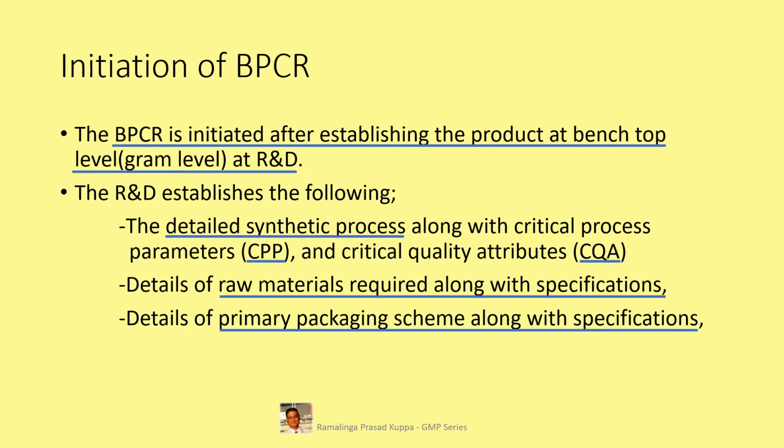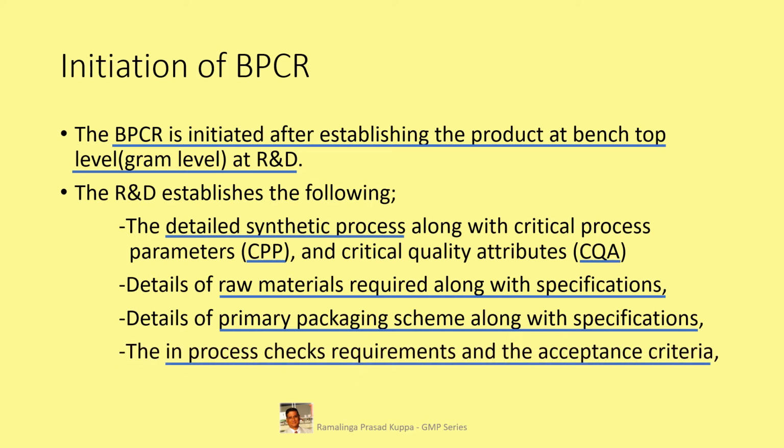Based on the chemical characteristics of the product and its compatibility with the product, primary and secondary packaging schemes should be provided. The packaging material should protect the product from deterioration.